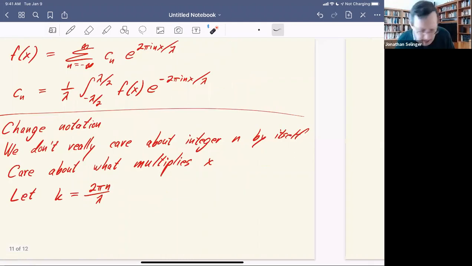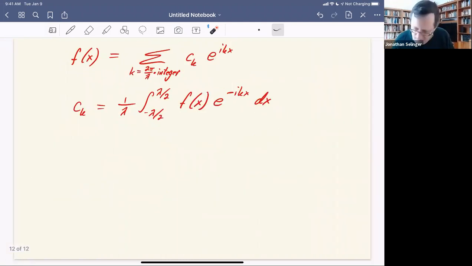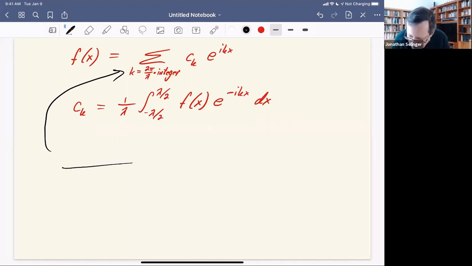Now I want to think about this sum right up here. In this sum, we are summing over certain allowed values of k. I could make a k number line.